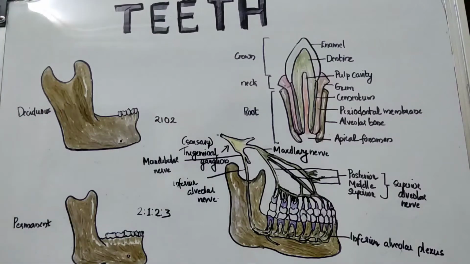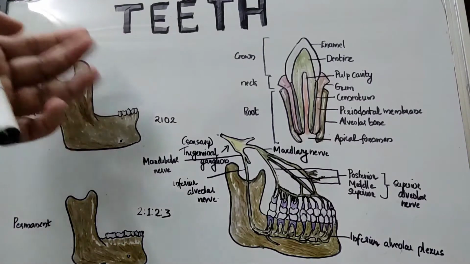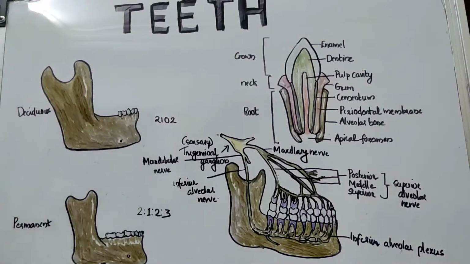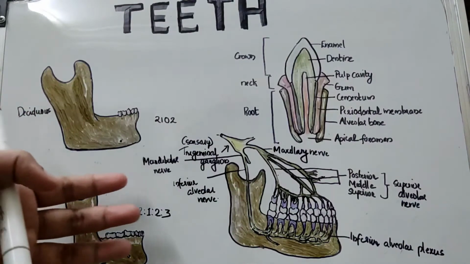In humans, there are two sets of teeth: a set of deciduous teeth or milk teeth, and a set of permanent teeth. Deciduous teeth are milk teeth, present during childhood and replaced by permanent teeth.